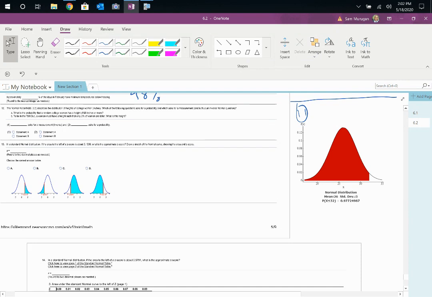So first of all, they're asking which one of the questions imply an inverse normal. Remember, the inverse normal will have a percentage. Okay, so right there, that one, B would be the inverse, and A would be normal probability.